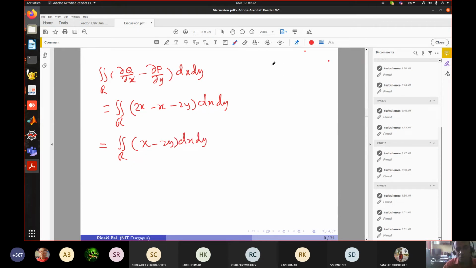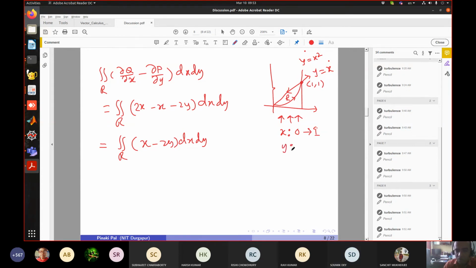Now we have to look at the region once again. This is y equal to x, and this one is y equal to x square, and this point is (1, 1). If we look at this region, x is varying from 0 to 1, and the lower boundary is determined by y equal to x square.